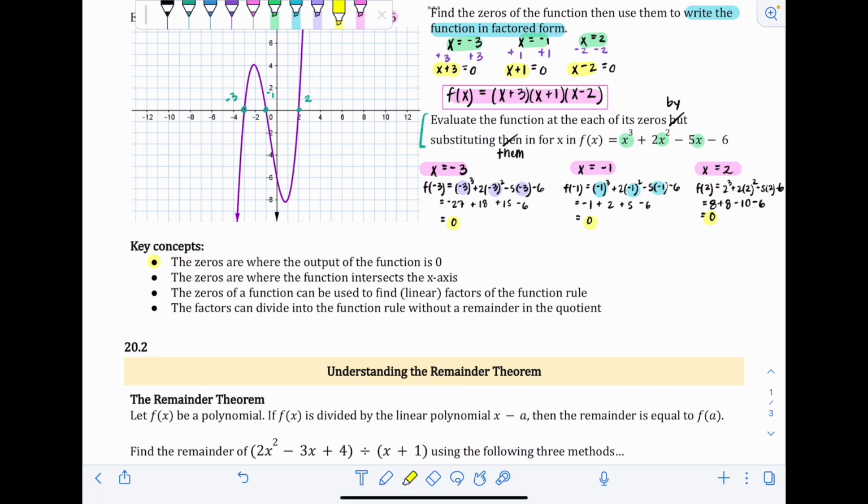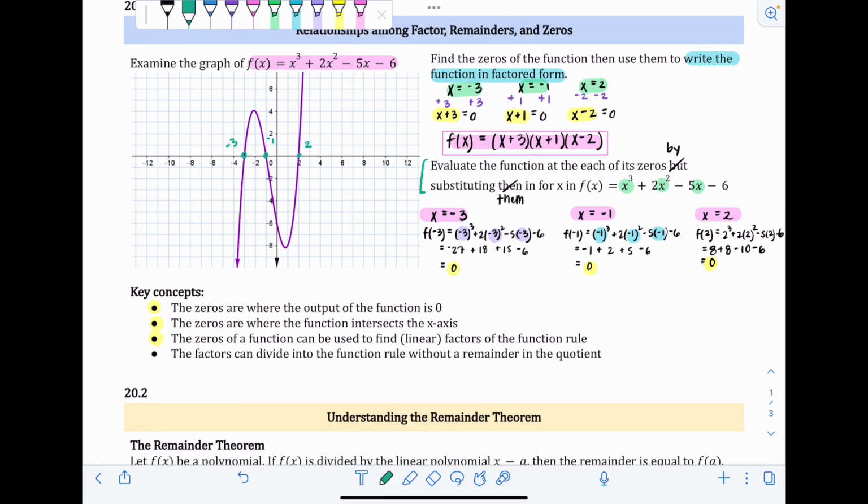And then the second bullet point, the zeros are where the function intersects the x-axis. That's how we actually found those initially. And then third bullet point, the zeros of a function can be used to find linear factors of the function rule. So that's what we did in this section right here, we took our zeros and created factors from them, and then we wrote the function in factored form.